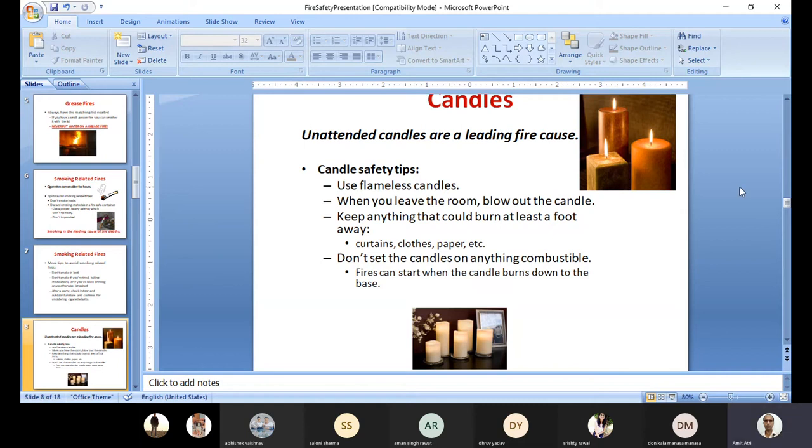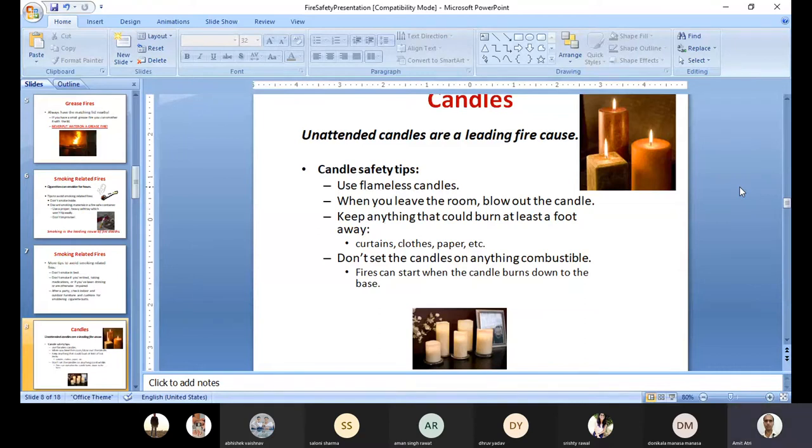If it is a decorative candle and it is being kept on a side table, and that side table or side stool or any such position has curtains near it, then there is a risk of a fire.